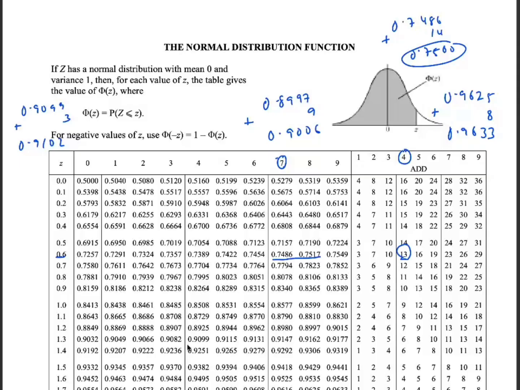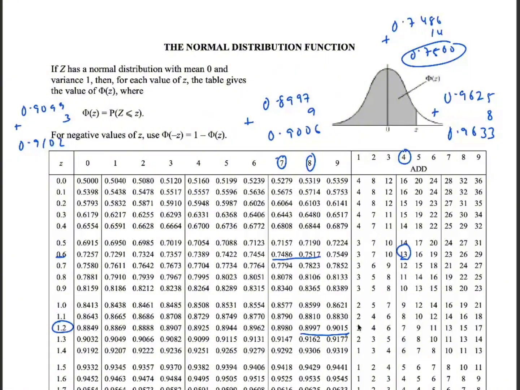We want it to be 0.9, which will be between these two. So we take the lower one here, which is 1.28 currently. We want to add 3 to that. If we add 3 to that, we get 0.9000.